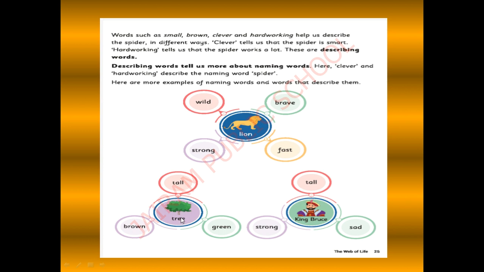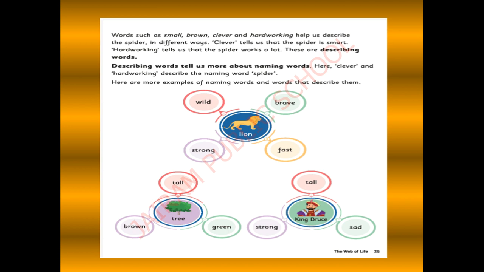Okay, see the next one, tree. How will you describe the tree? Tall tree. Brown color tree. The leaves of the tree are green. Likewise, you will describe, right? Not only with a single word, you can describe with as many words as you can.